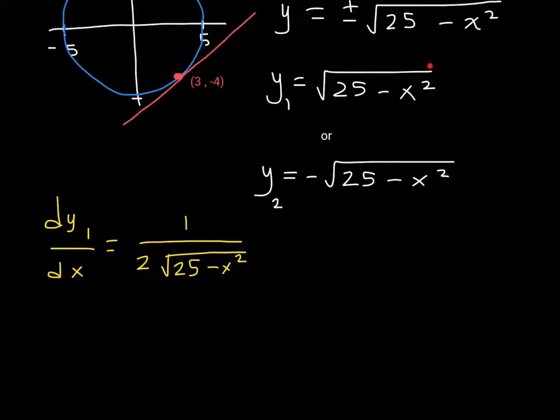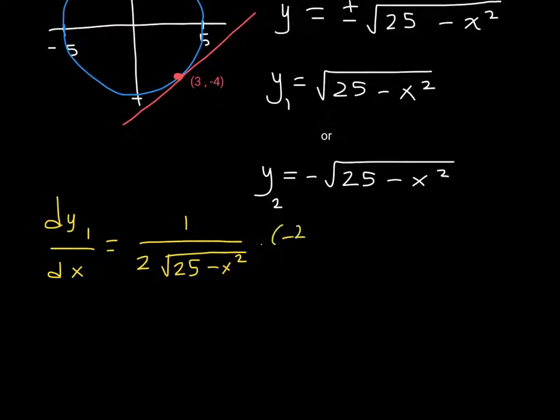The square root can be rewritten as a power of 1/2. So 1/2 comes down. And then this radicand is now being raised to the power of negative 1/2. So that's what I've written here. But you're not done. Times, because this is the chain rule, times the derivative of your inner function, the derivative of this radicand, 25 minus x squared, will just be negative 2x.